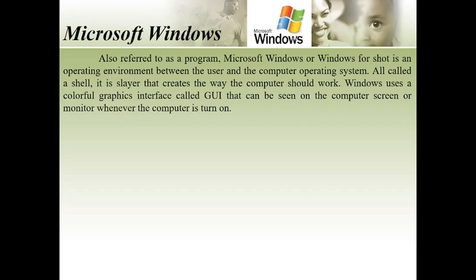Windows uses a colorful graphics interface called GUI that can be seen on the computer screen or monitor whenever the computer is turned on. So, di ba, yung Microsoft Windows, ito yung picture niya. Makikita nyo, di ba? Nakikita ito siya sa computer natin pag ito ay ating i-on.